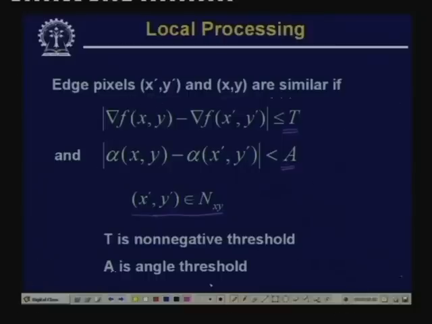So, this is the local processing technique. But as we said, we are going for linking of the edge points because the edge points are discontinuous, and normally the neighborhood size that is taken is small. So, if x dash y dash is not within the neighborhood of x y over a given definition of the neighborhood, in that case x dash y dash cannot be linked with the edge point x y.